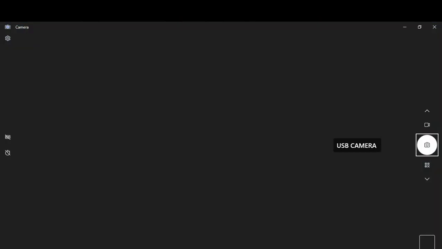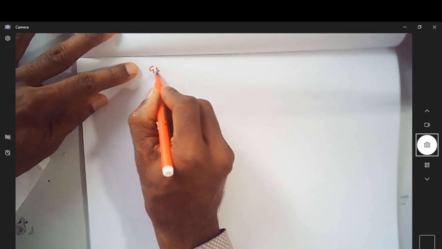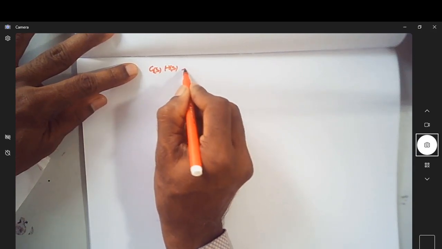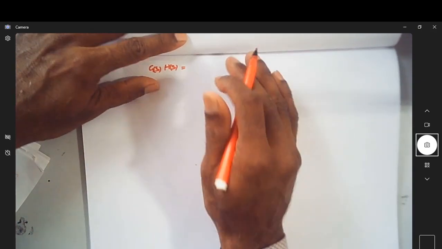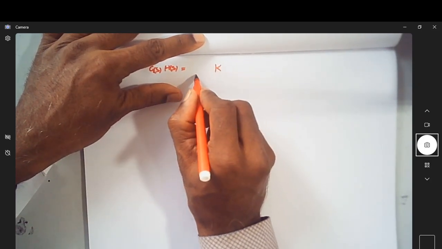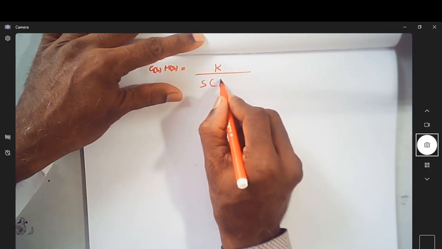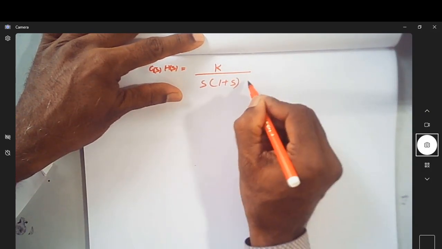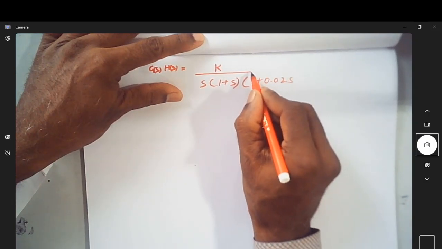Let us consider the transfer function G(S) H(S). It's an open loop transfer function of a unity negative feedback system. Let us take the transfer function as K by S into (1 plus S) into (1 plus 0.02 S).